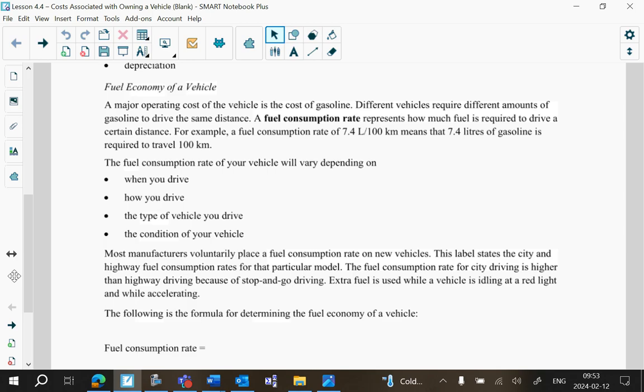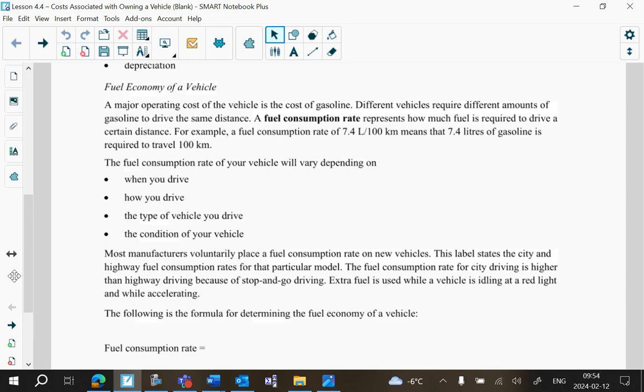When they talk about gas mileage, they talk about how many miles your vehicle is getting to the gallon of gas, okay? But in Canada, we talk about how many liters of gas your vehicle is using every 100 kilometers you drive. And that's what we refer to as the fuel consumption rate. So you can see I've given you an example there, 7.4 liters per 100 kilometers means that you use 7.4 liters of gas in order to drive 100 kilometers, okay?